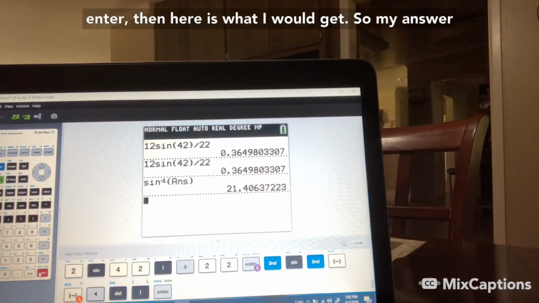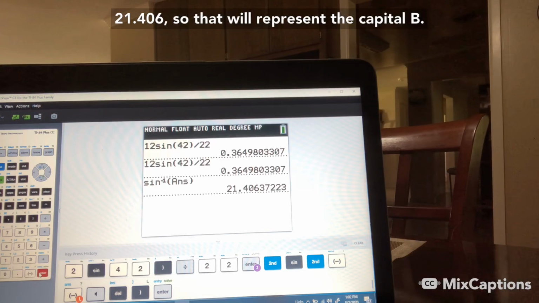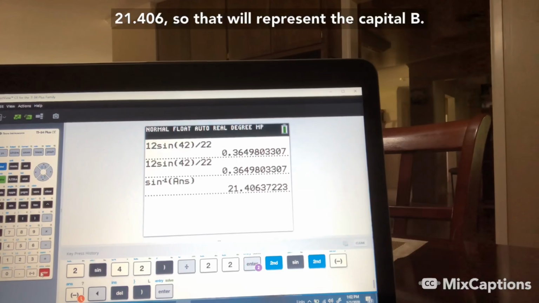Okay, so if I press enter, then here is what I would get. So my answer would be 21.406. So that will represent the capital B.